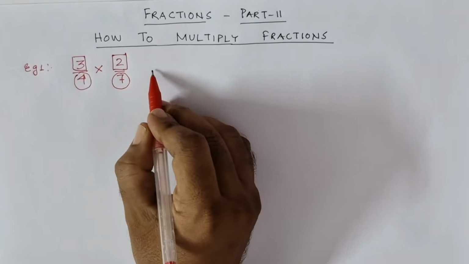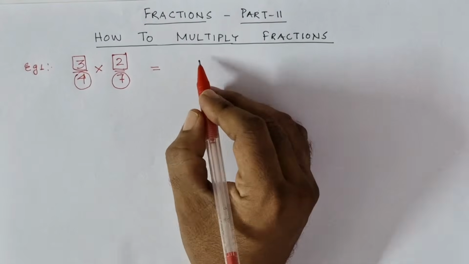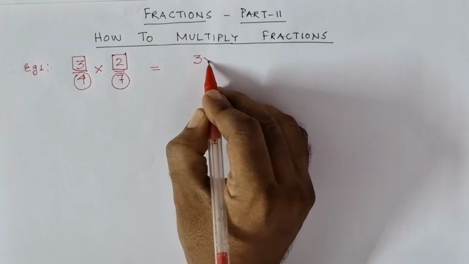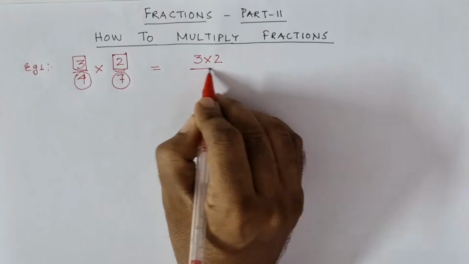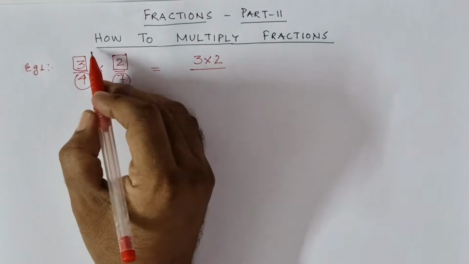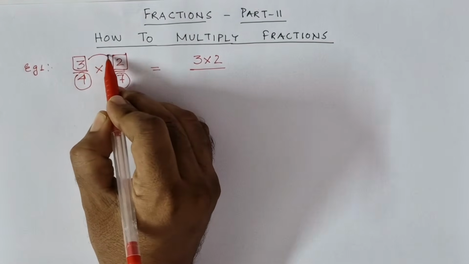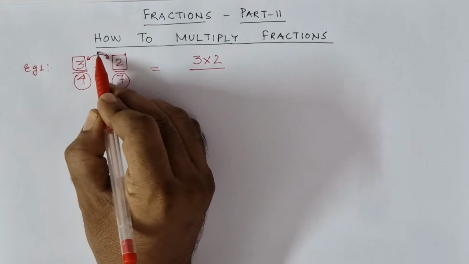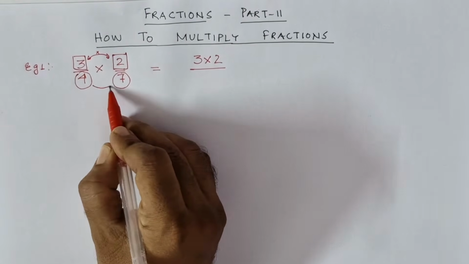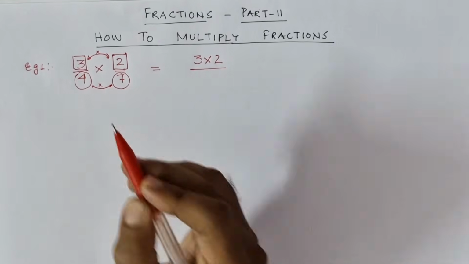Got it? So you will be multiplying the numerators divided by multiplying the denominators. Here you will multiply, and here this one you will multiply.